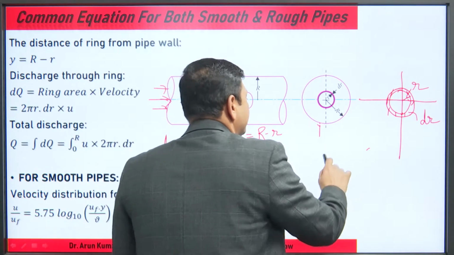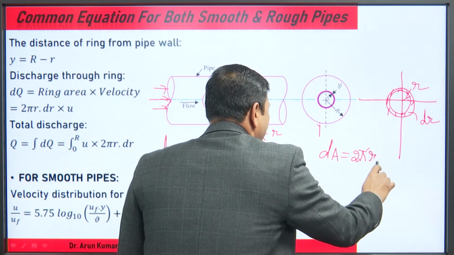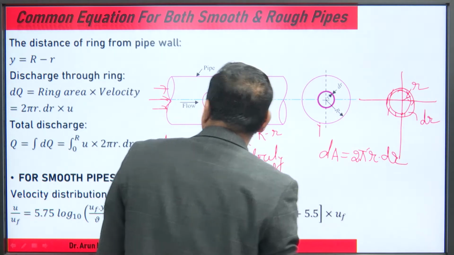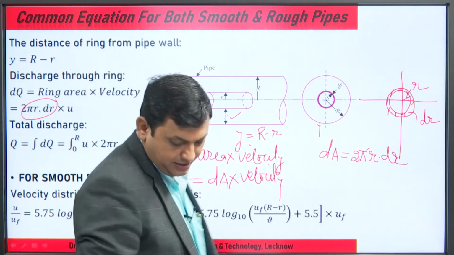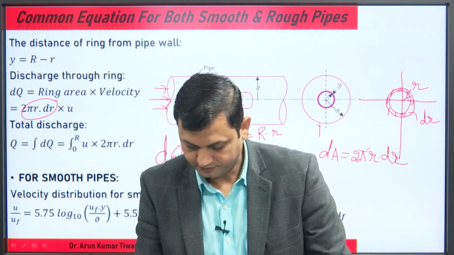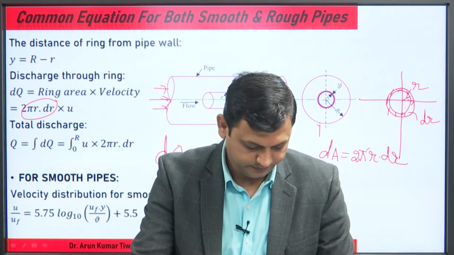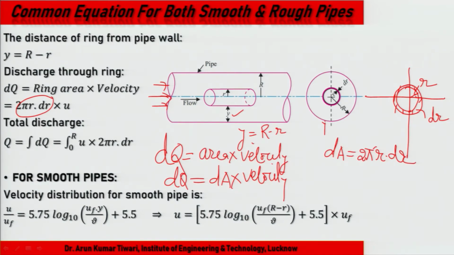The area of the ring, dA, is 2 pi r into dr. If this is the ring area, how do we calculate the total discharge?